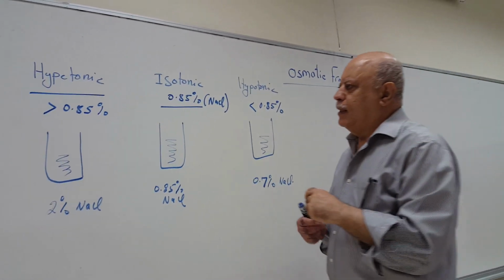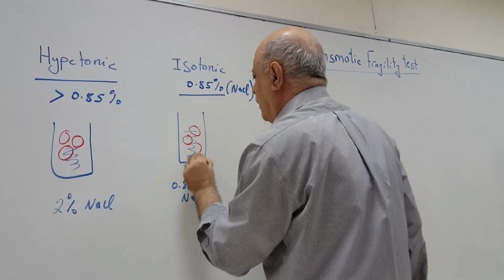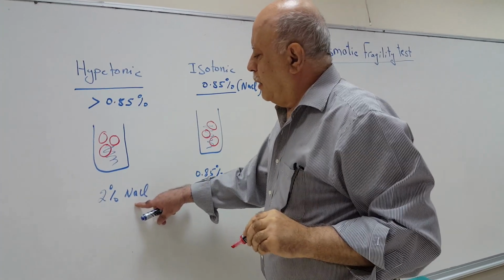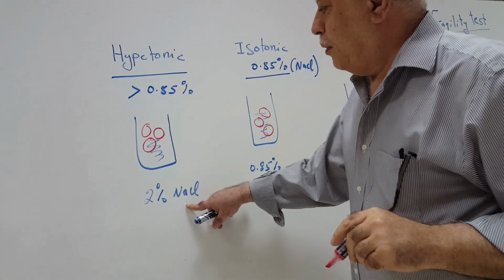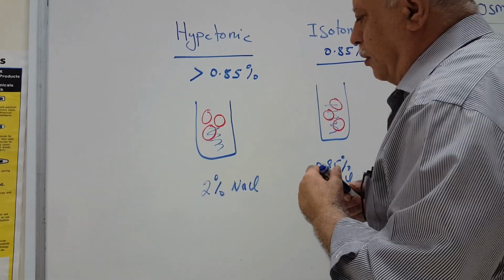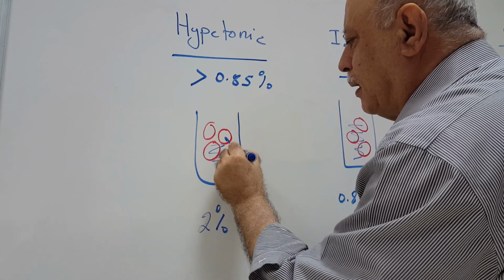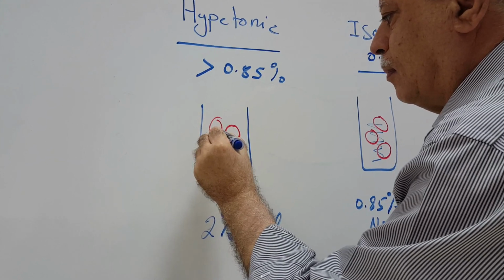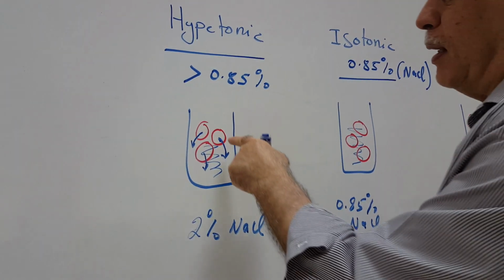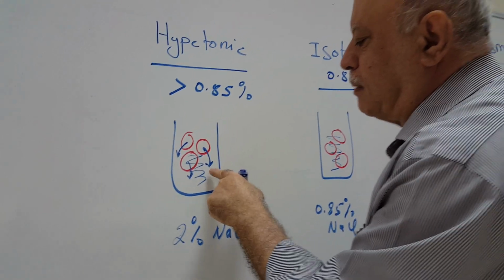Now, if we place red blood cells here and here and here, since this solution is hypertonic, as you may know, and we talked about it in biology, the water goes from the cells outside to the solution, because inside the cells it is 0.85 and outside is 2%, so outside is more concentrated than inside.